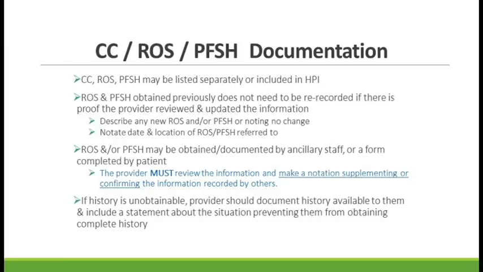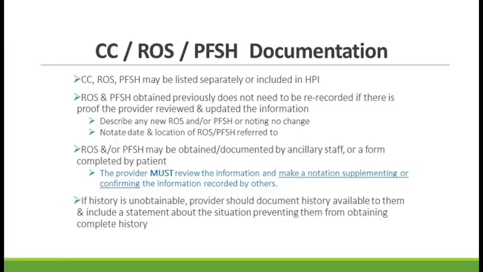Providers should always describe any new review of systems and/or past medical family social history, or notate that there has been no change. If notating no change from a previous ROS or PFSH, the provider should reference the date and location of the note that contains the information that was reviewed.